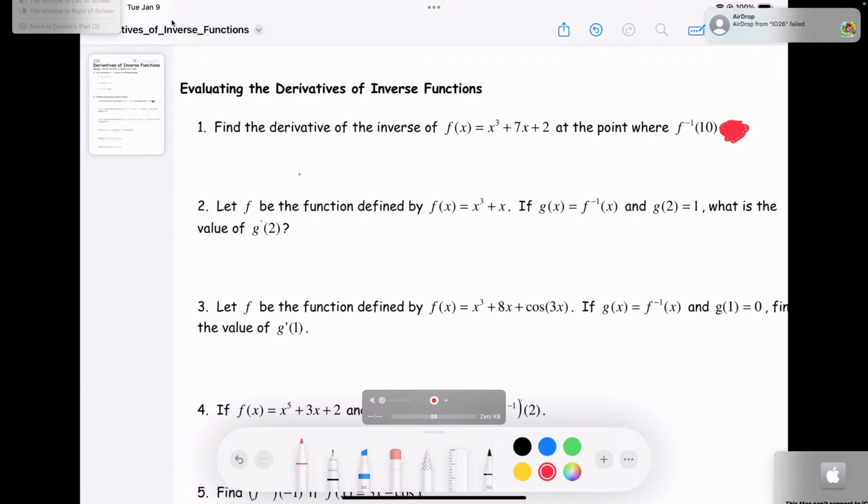You can find f inverse of 10 by plugging in 10 and then using the original function, and then you get x. Wait, is it one? Right?